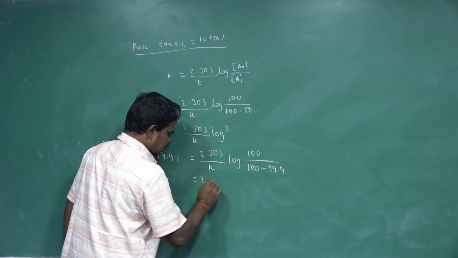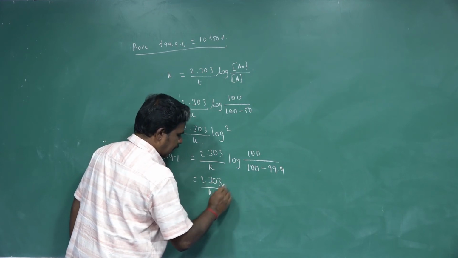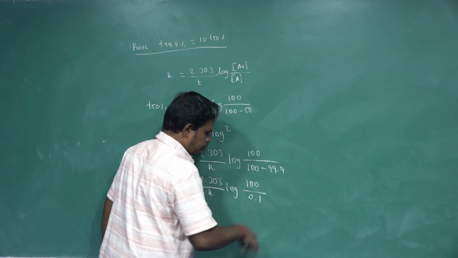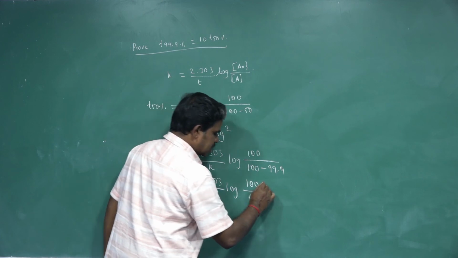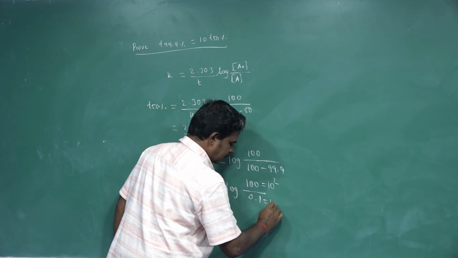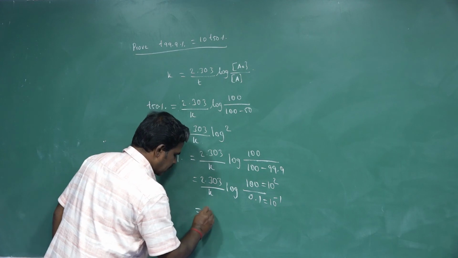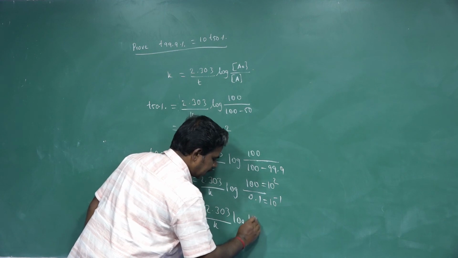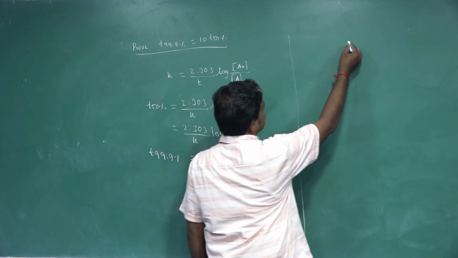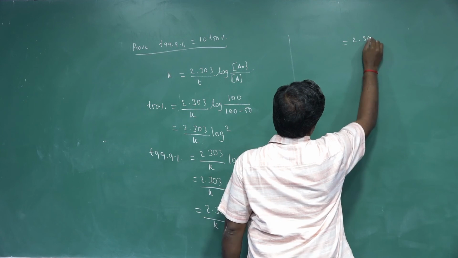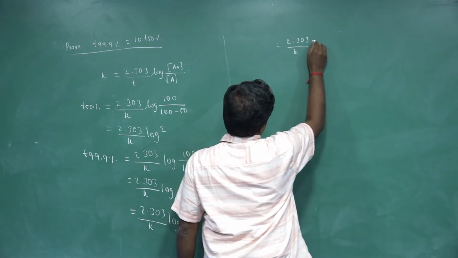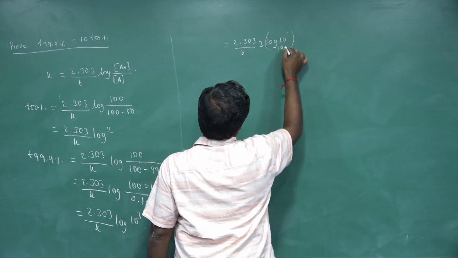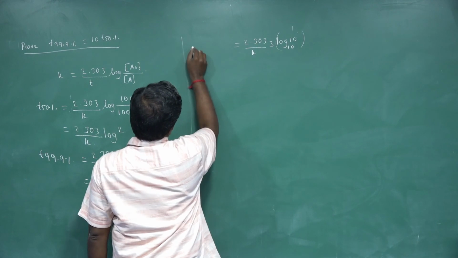That is 2.303 by K log 100 divided by 0.1. Now 100 is 10 power 2 and 0.1 is 10 power minus 1. So it is 2.303 by K log 10 power 3, which is equal to 2.303 by K into 3 log 10 base 10, and this is nothing but 1.